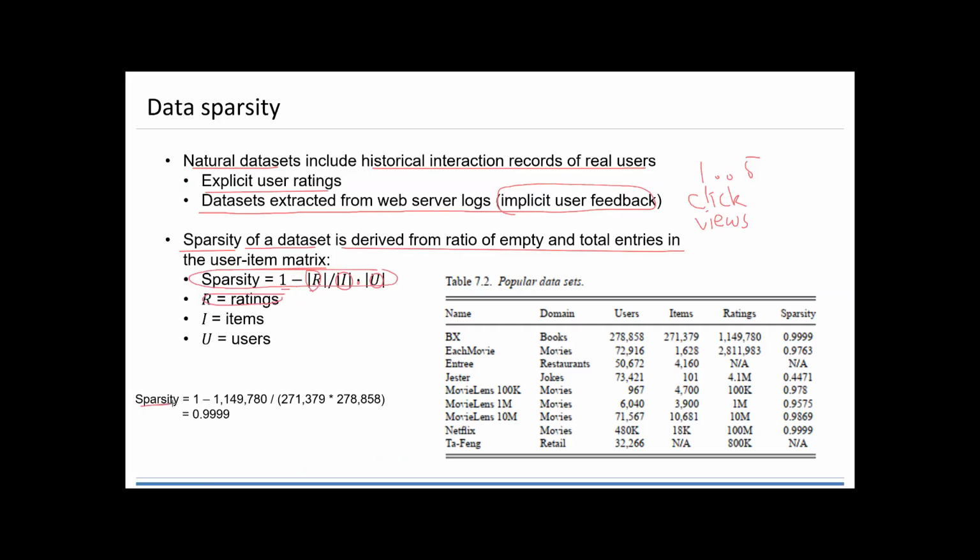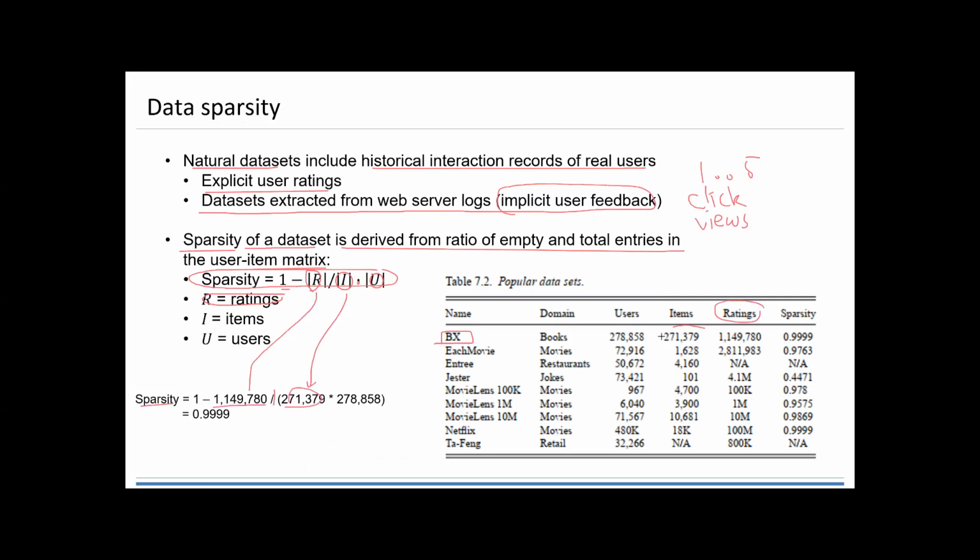The sparsity of this, let's say this dataset, this is the book. So 1 minus R, where R means the number of data given with ratings. We have the data with ratings of 1.1 million, and we will divide by the number of items.